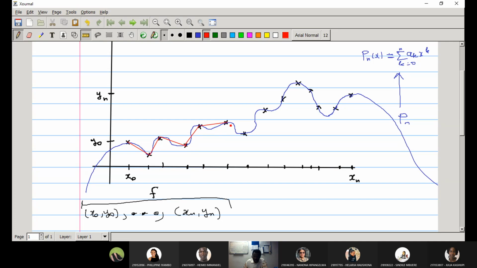So I will just glue all of them together to obtain the expression of this f. So it will be piecewise.